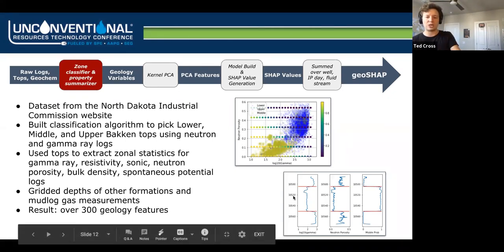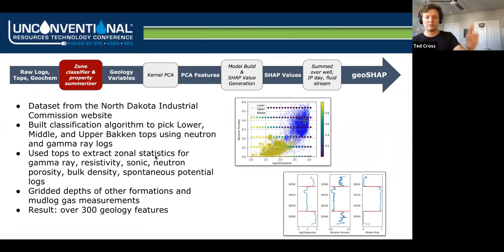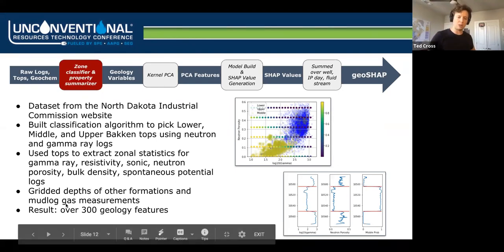And so then we use those tops that were picked by the algorithm to extract zonal statistics, or various statistical properties, of gamma ray, resistivity, sonic, neutron porosity, bulk density, and spontaneous potential logs. We also had some mud log gas measurements.